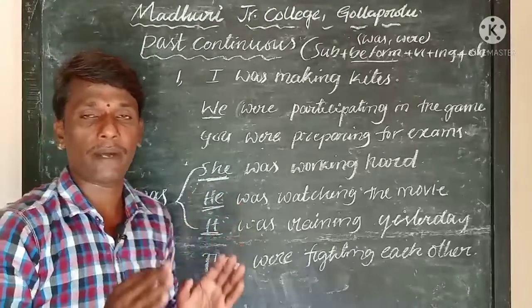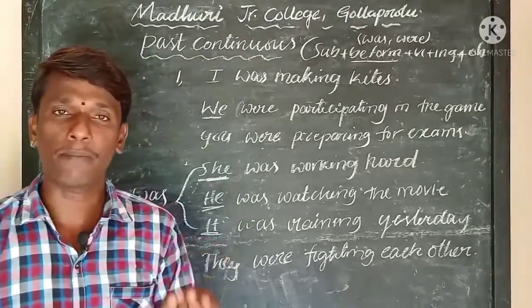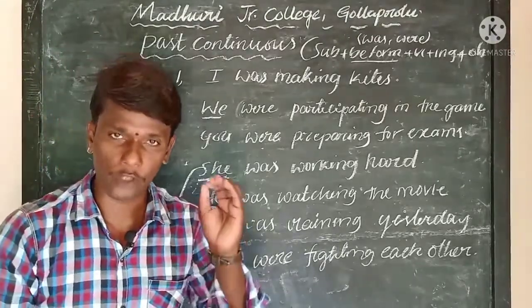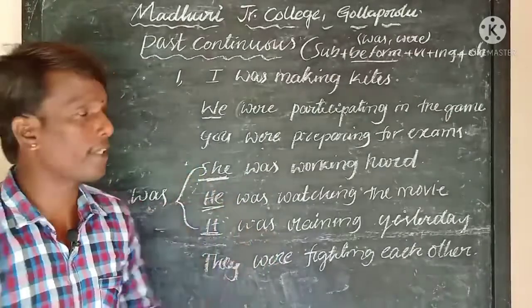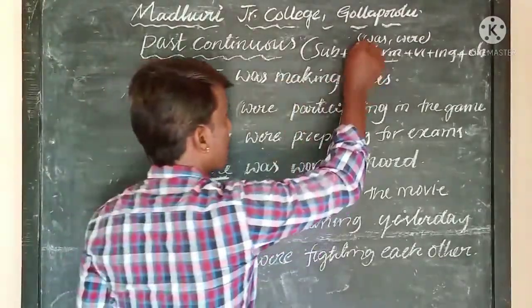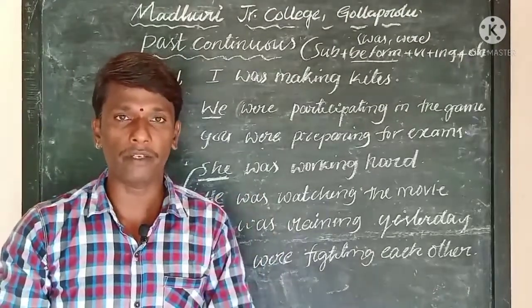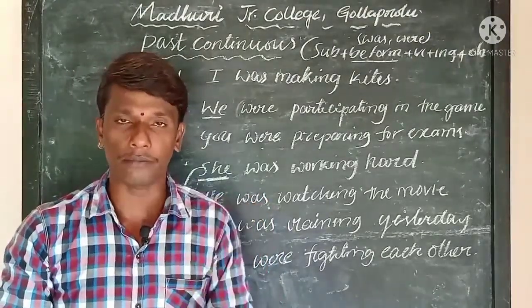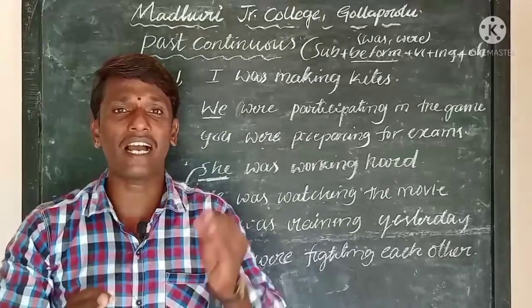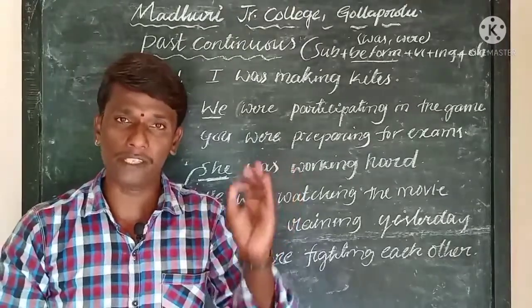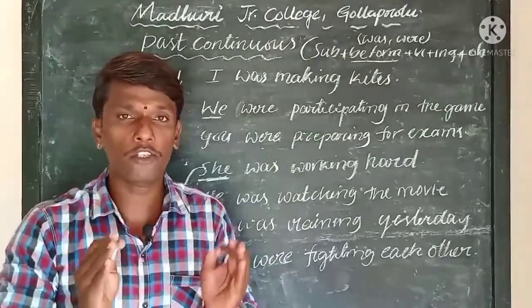So the structure of the past continuous tense is subject plus be form plus ing form plus object. Another important thing is that the be forms in the past tense are only was, were. Be forms are 5 in number: am, is, are, was, were. But am, is, are belong to the present be forms, and was, were belong to the past tense.